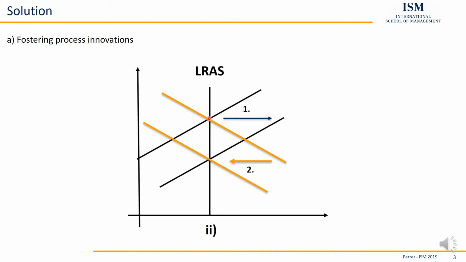So we move from this equilibrium to this one here, and then it depends what actually happens. If the company still produces as much as possible, we might get a rightward shift of the LR AS curve. So the long run equilibrium might shift to the right.